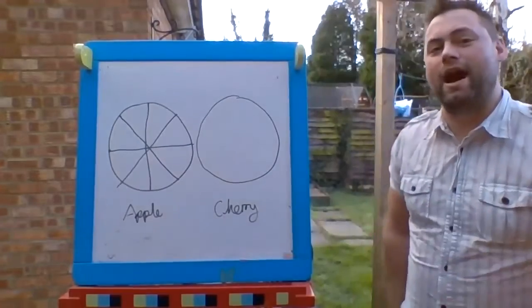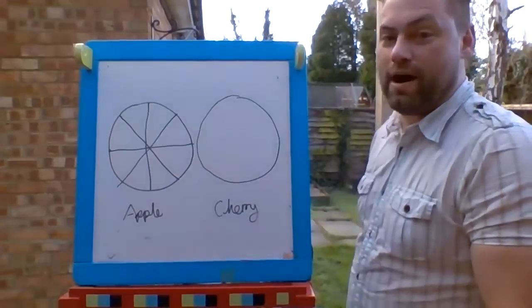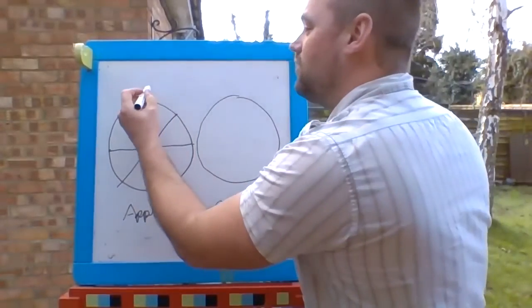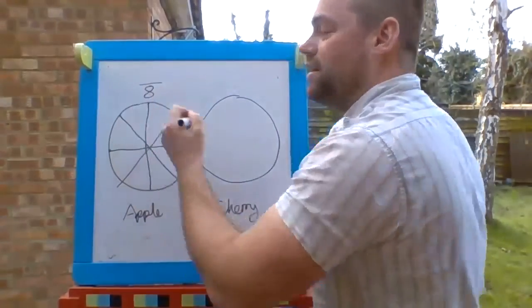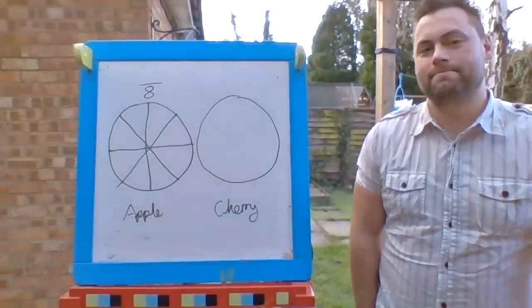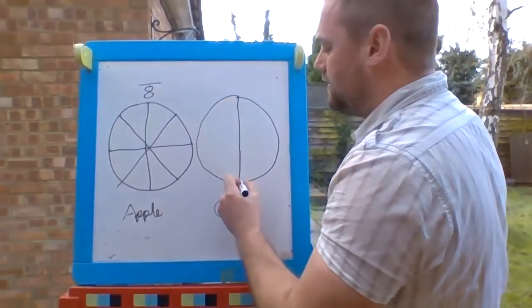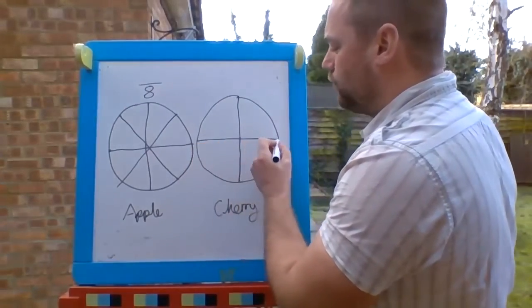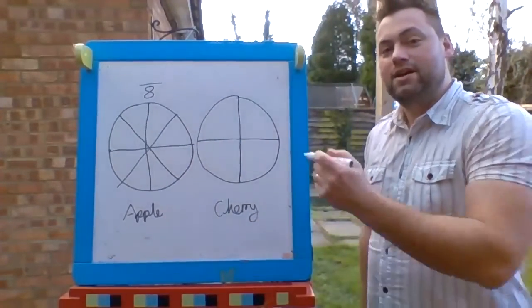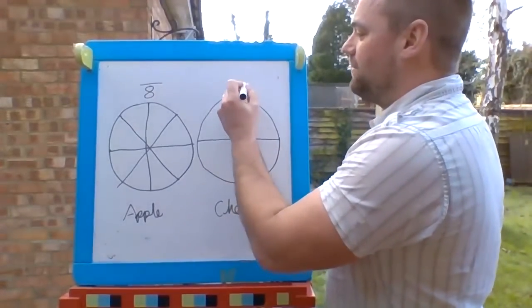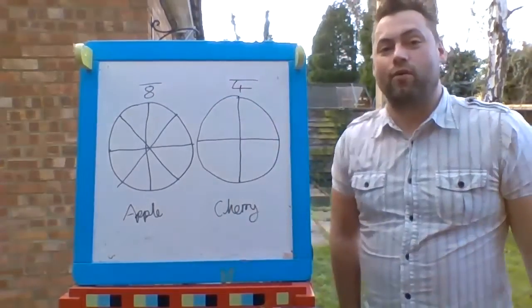So now my pie is in 8 equal parts, so my denominator for this pie is going to be 8. My cherry pie I cut into quarters instead, so now my cherry pie is cut into 4s, which means our denominator is going to be 4.